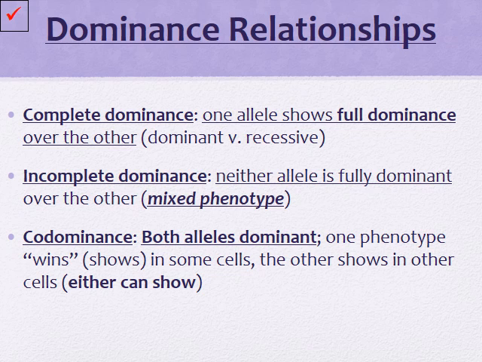If it was complete dominance, it's either going to be white or red. If it was incomplete, when we had the heterozygous condition, we can get pink, a mix of both phenotypes. Meanwhile, for codominance, both alleles are dominant. So in some cells it's going to be white, some it's going to be red. So you'll actually see splotches of white and red on the flower.